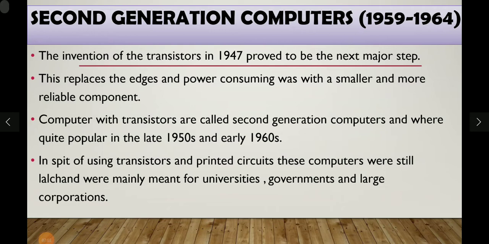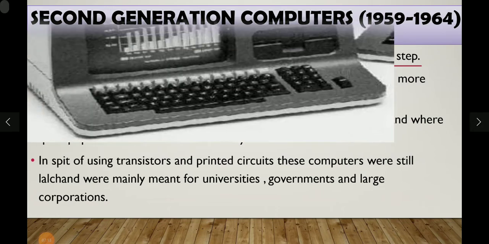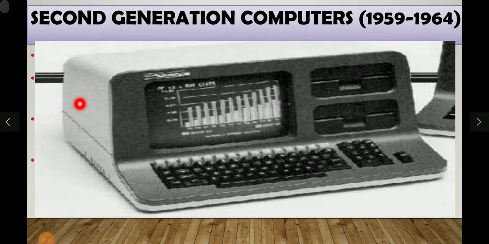In spite of using transistors and printed circuits, they were still large, used by universities, government, and large corporations. This is how the second generation computers looked. See how much more compact it became. You can see the difference between the first generation and second generation computers.